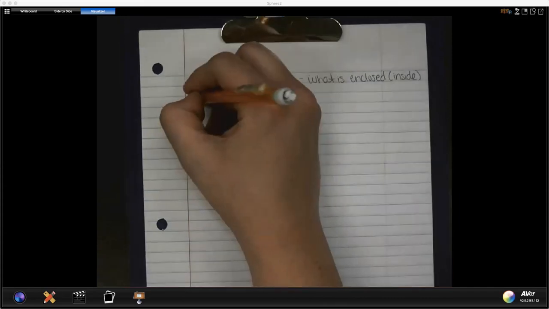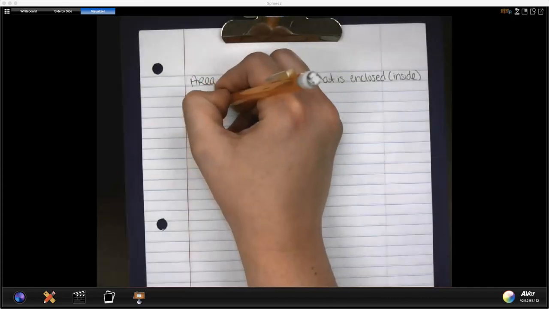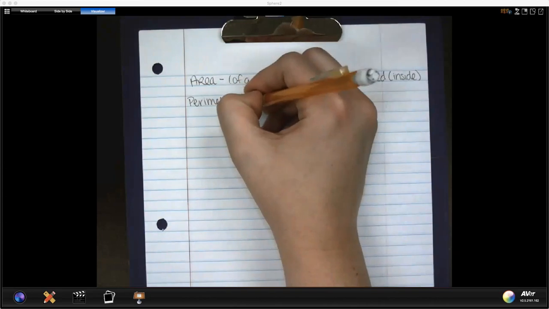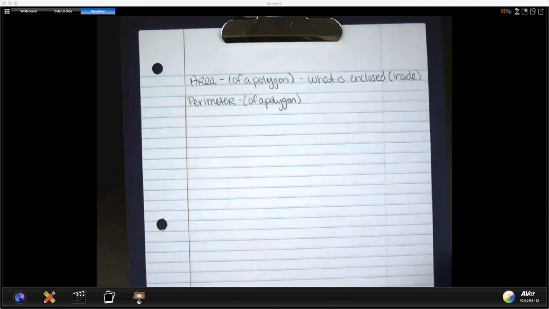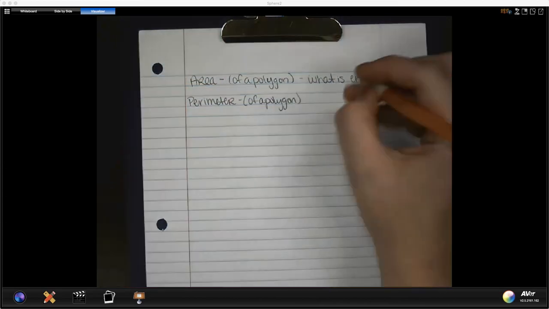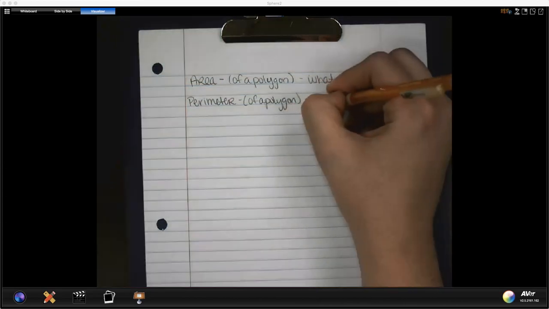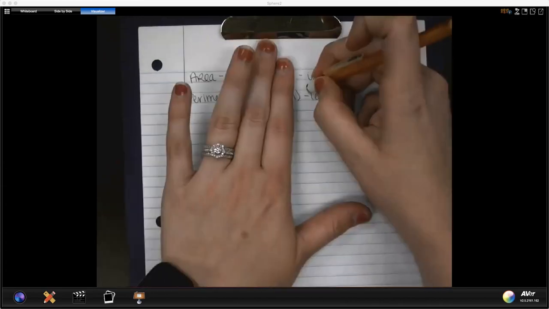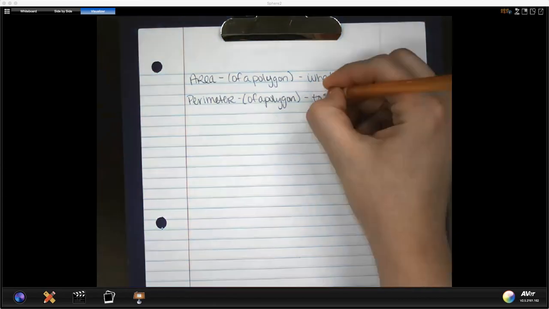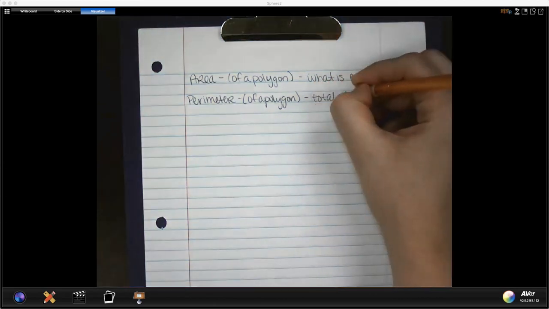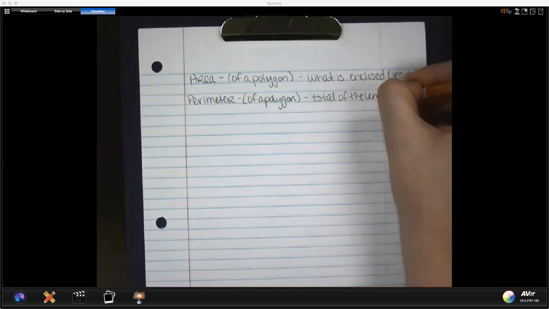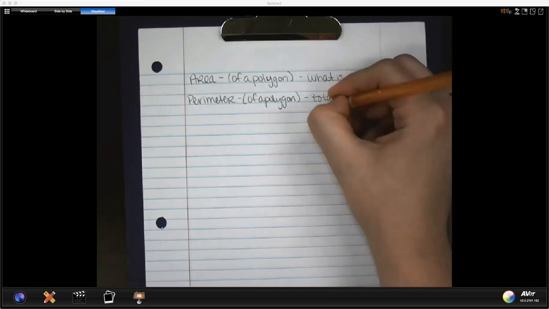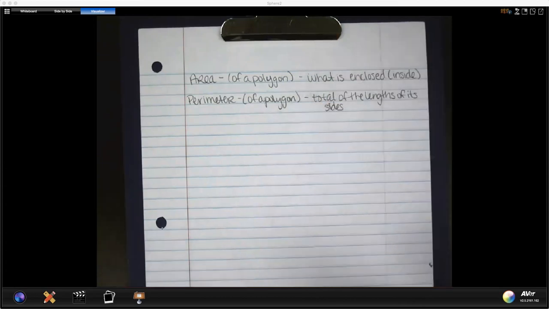Okay, whereas perimeter of a polygon is the length. Let me change that. The total length, okay, the total of the lengths of its sides.